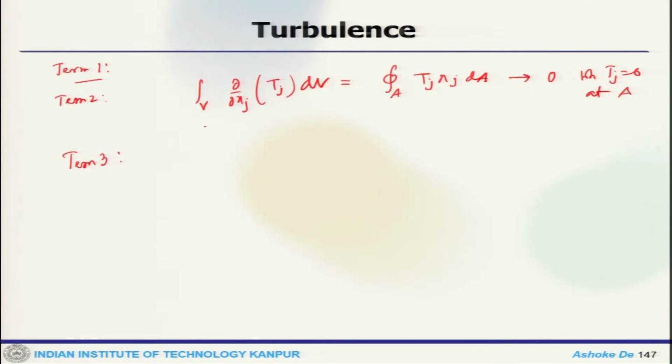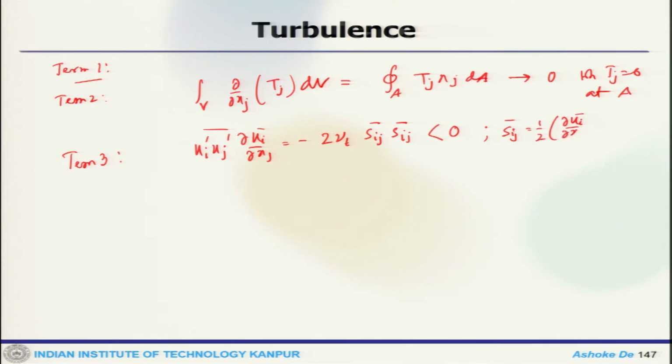Using the Boussinesq hypothesis, one can write that it equals minus 2 nu t Sij bar Sij bar, which is less than 0, where Sij bar is half of del ui bar by del xj plus del uj bar by del xi, which is the rate of strain tensor of the mean flow.